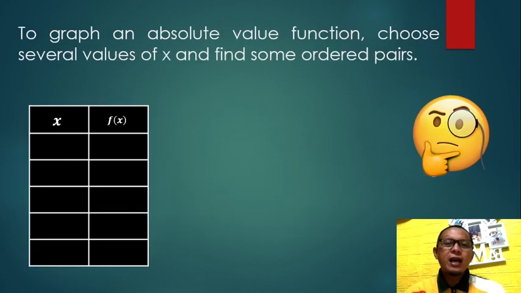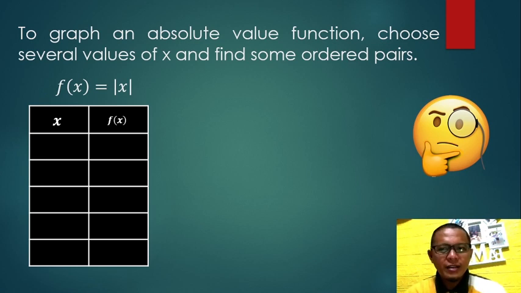So to graph the absolute value function, first choose several values of x and find some ordered pairs. For example, if our function is f of x equals the absolute value of x, we will choose several values of x. For me, my values of x are negative 2, negative 1, 0, 1, and 2. Let's find the pairs.